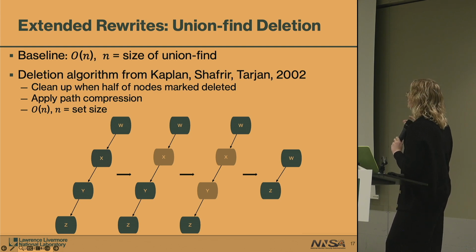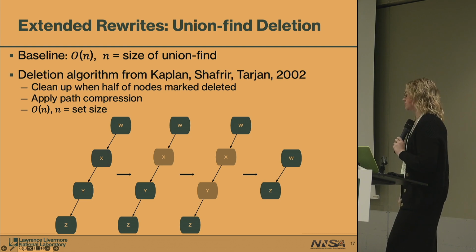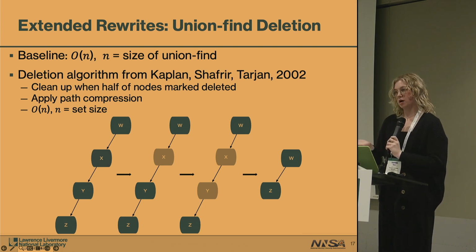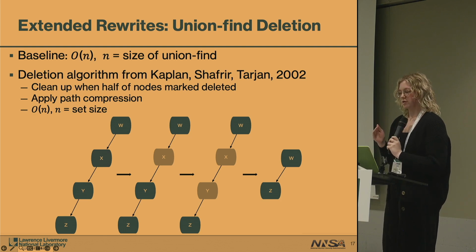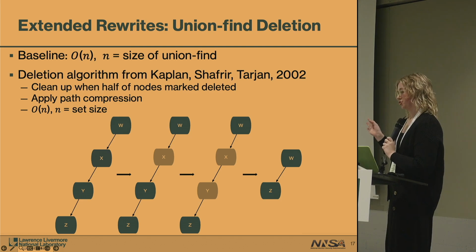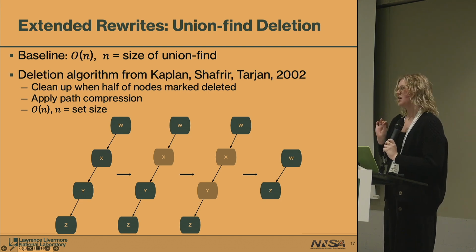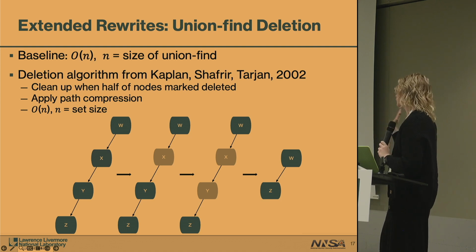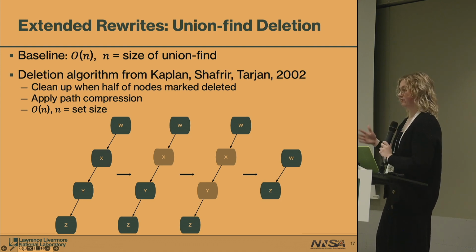So in the baseline implementation, the performance was big O of n, where n is the size of the union find data structure. And we wanted to improve upon that, so we identified an algorithm that was proposed by Kaplan, Shafrir, and Tarjan in a paper from 2002. And this deletion algorithm, it just proposes a few adjustments. So first, it proposes cleaning up when half of the nodes are marked deleted, so not every single time.